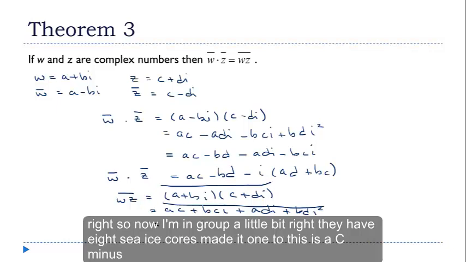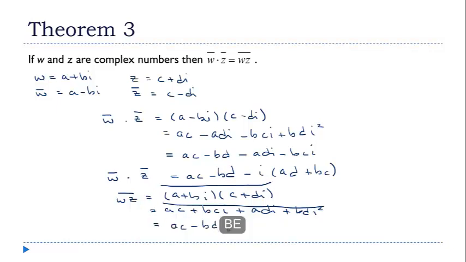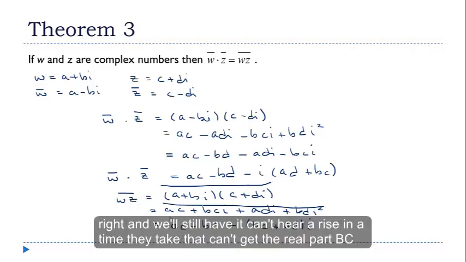All right, so now I'm going to group a little bit. I have AC, I squared is -1, so this is AC minus BD plus BC plus AD times I. And we'll still have the conjugate here.